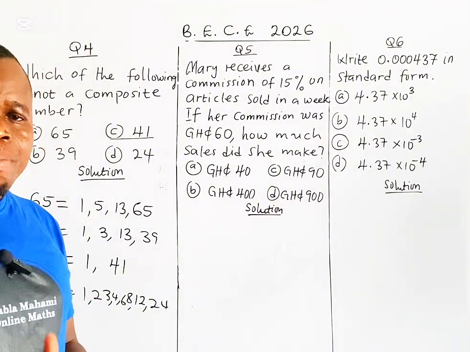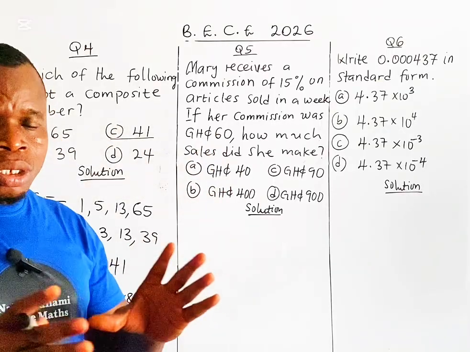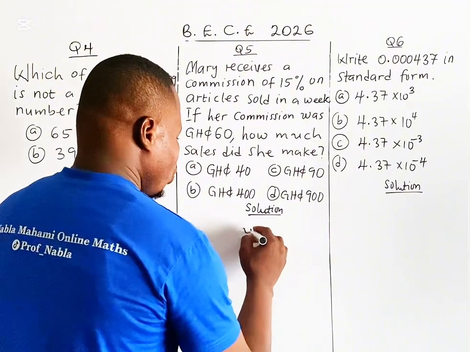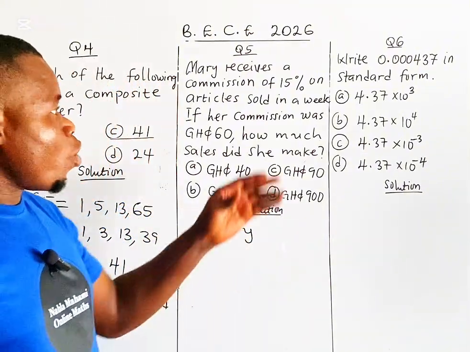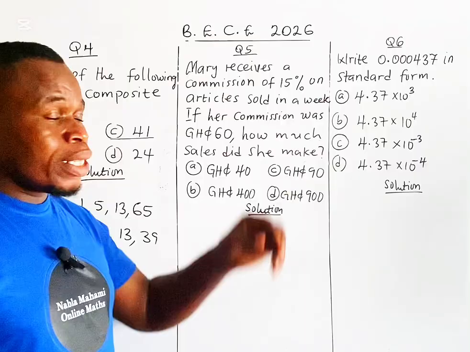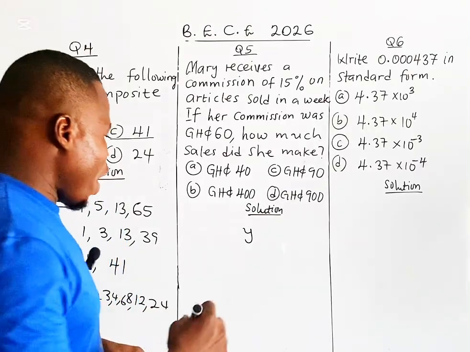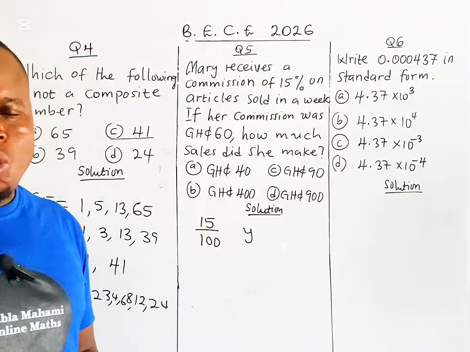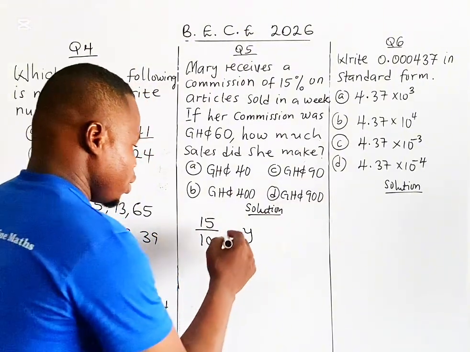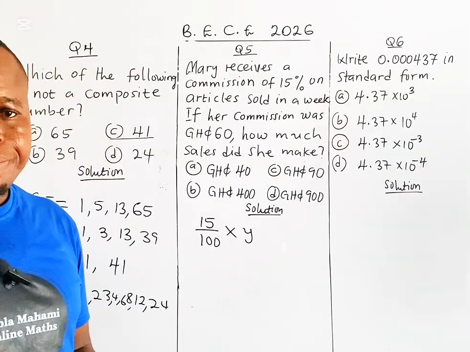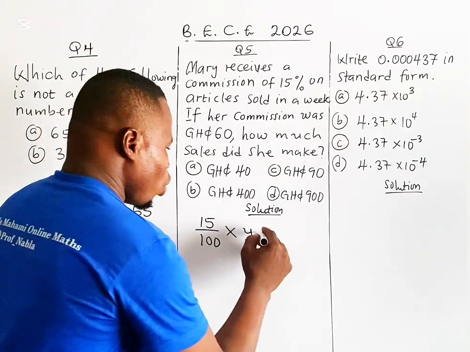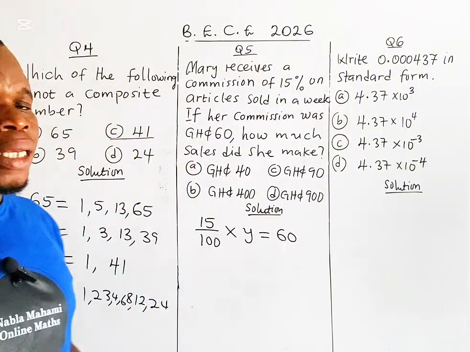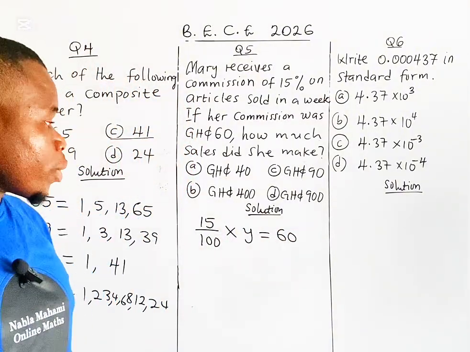Now, to find the amount that Mary sold the articles, let that amount be equal to Y. But you can see that the commission in percentage is 15%. So I can convert 15% into a fraction, and that will be 15 over 100 times the amount sold. Then this should be equal to the commission that we have in the question, which is 60 Ghana cedis.